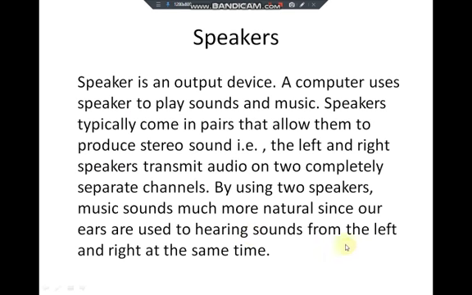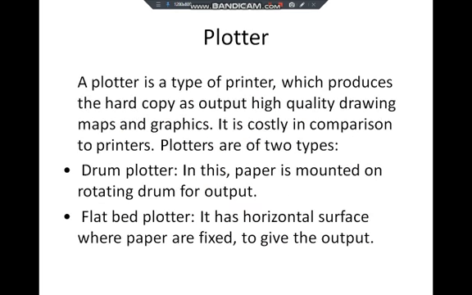Next we have plotters. Plotters are a sort of printer, but they produce hard copy output of high quality drawings, maps, graphics, etc. They are very costly, and there are two types: drum plotters and flat bed plotters.